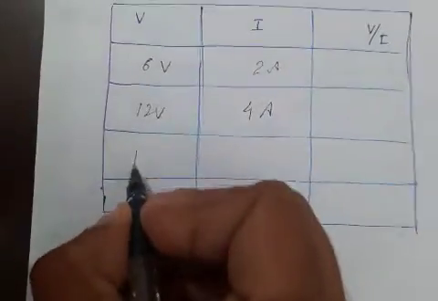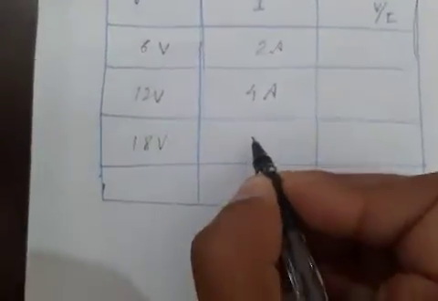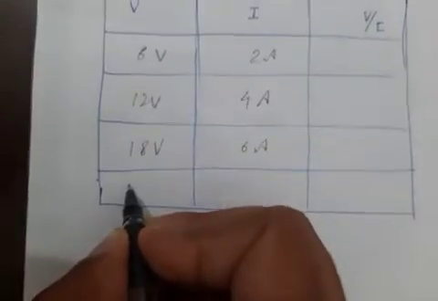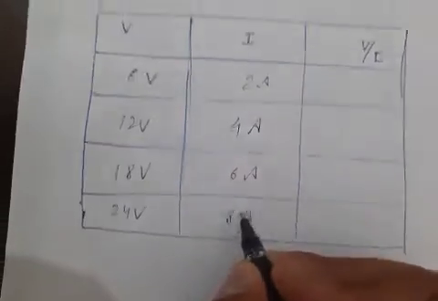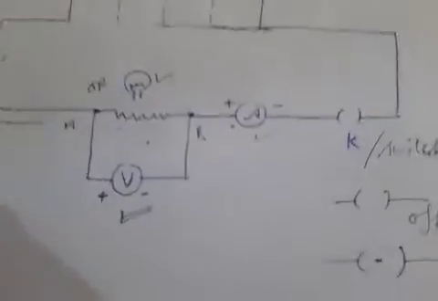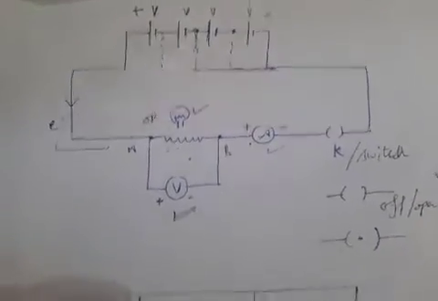And so on, the next cell makes it 18 volt 6 ampere, and another cell 24 volt and 8 ampere. So like this you can collect the data by connecting the electric circuit like this in the lab also.